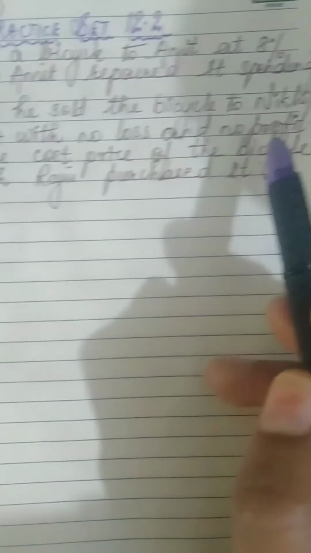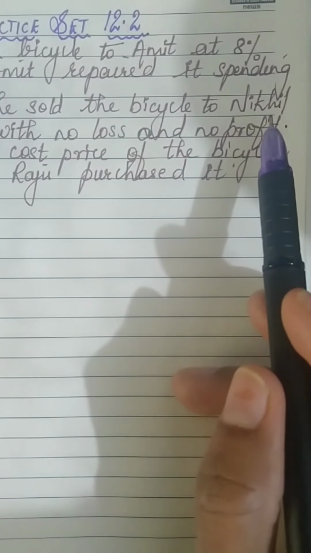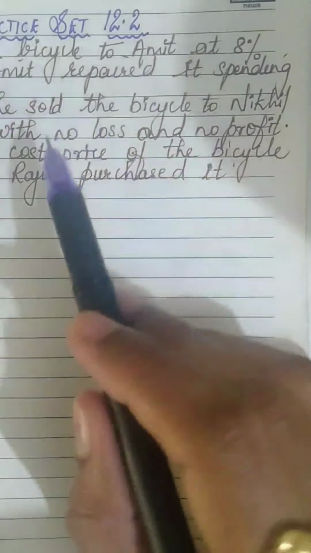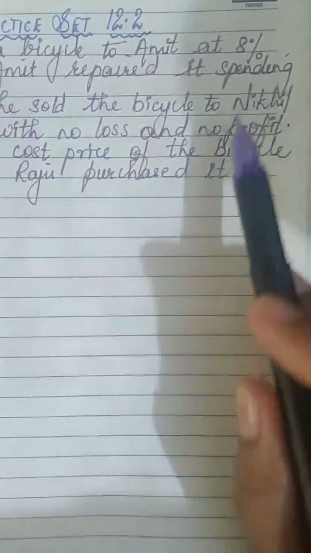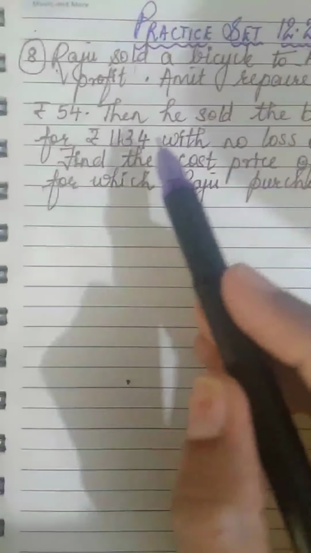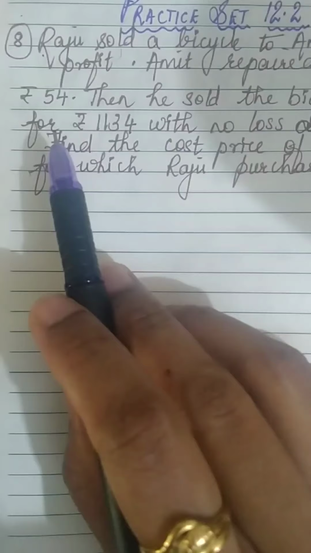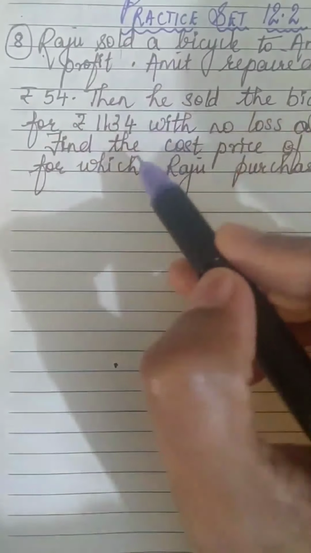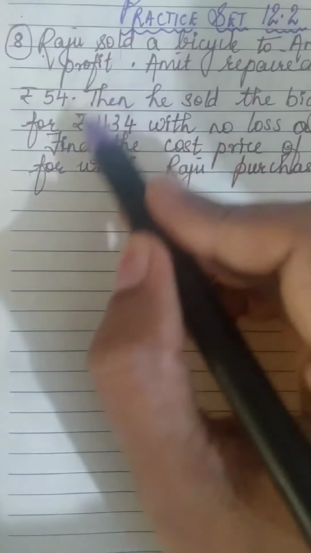Then he sold the bicycle to Nikhil. Maybe he also did not like that bicycle much, so he sold it to a third person, that is Nikhil. The third person comes into the scene for rupees 1134. We all know that this money is obviously bigger.